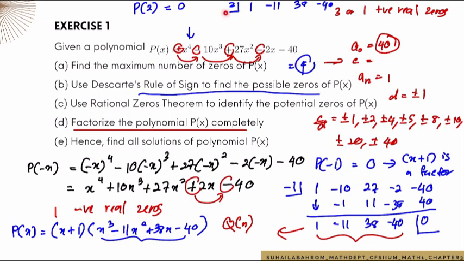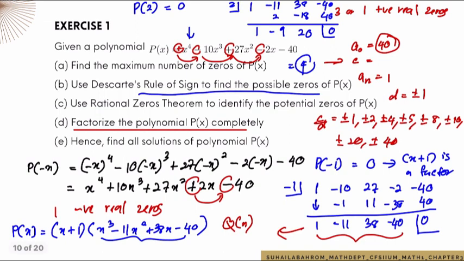That's why we have to show the synthetic division. By using synthetic division, you will get another quotient, which is in this case 1, negative 9, 20, and you will get again the remainder 0. So again, this is another quotient.